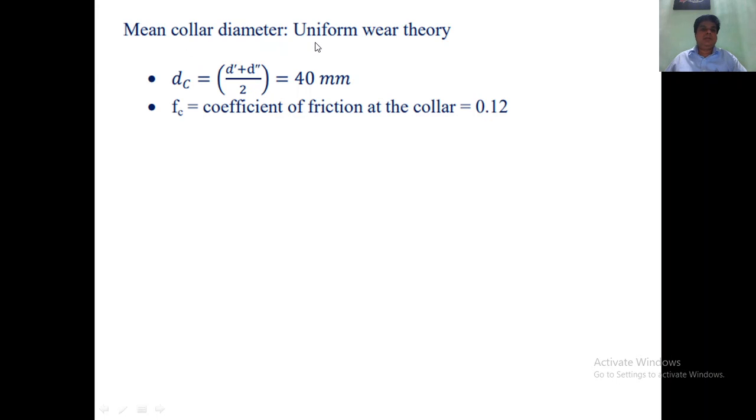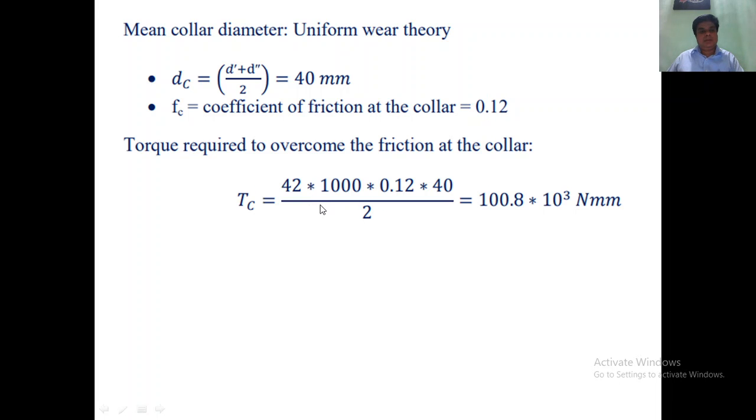And the mean collar diameter, again we have seen that in the derivation. You can calculate it with the uniform wear theory or the uniform friction theory. With the uniform wear theory, the mean collar diameter is the sum of the larger diameter and smaller diameter divided by 2, and the coefficient of friction at the collar is 0.12, which you can assume.